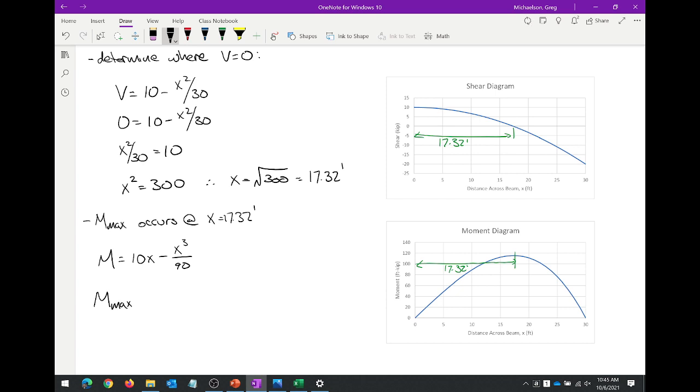M max is 10 times 17.32. What is M max? Isn't that what the graph shows? So now we have accurate descriptions for our shear and moment diagrams. We know the plots, we know the important values, we know everything we need to know.